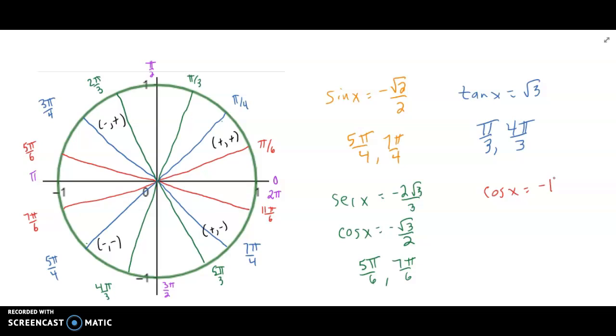If we go around and figure out our values, cosine here would be equal to 1, here would be equal to 0, here would be equal to negative 1. That is the only place it's going to occur, because it falls directly on that axis. So pi would be my only solution. Again, typically we're going to get two solutions, but there are exceptions, just like this cosine value, where we only get one.